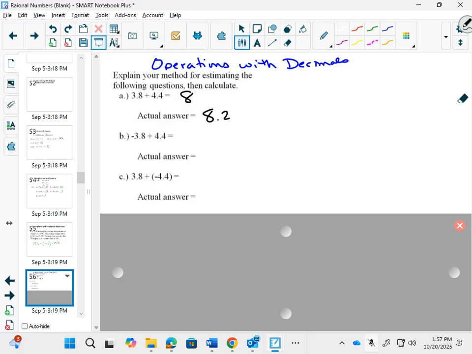I'd be like, how far away is 3.8 from 4? It's 0.2 away. So I'm going to steal 0.2 from this one and think of it this way. 4 plus 4.2. See how I stole 0.2 from the 4.4 and I gave it to the 3.8 to make that one 4 and 4.2, and then I feel like I can do the 8.2 in my head a lot easier.